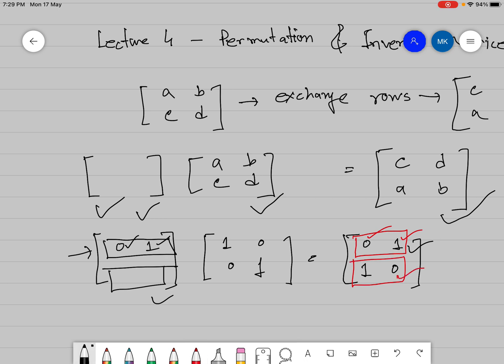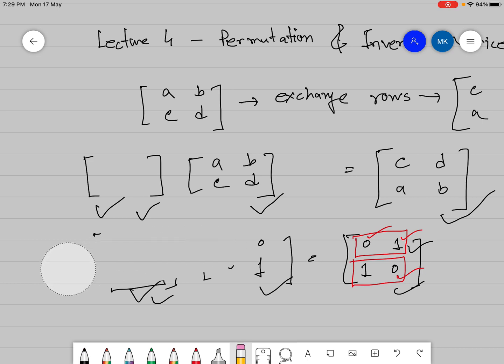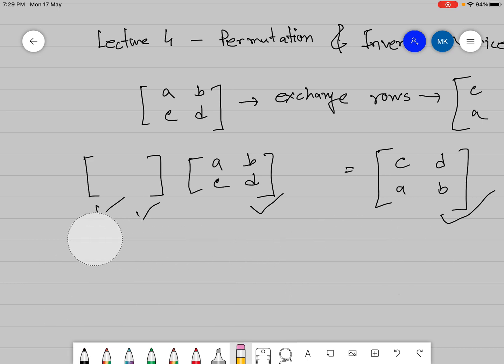So similarly, you take ones of the first row and none of the second row, right? If you multiply this row with this matrix, you will get this output. The same logic can be applied here.